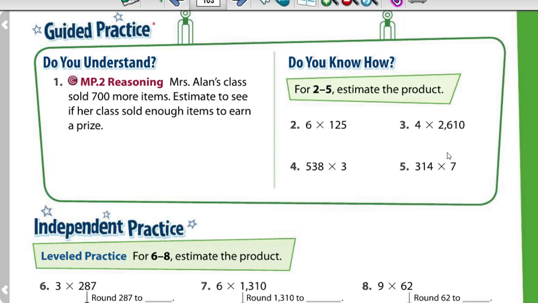Yes, Mahdi, I want you to help me. Of course, as you can see here, we will multiply 6 by 125 in question number 2. Okay, Mahdi? Good. In this question, we have 125. We will round this number.